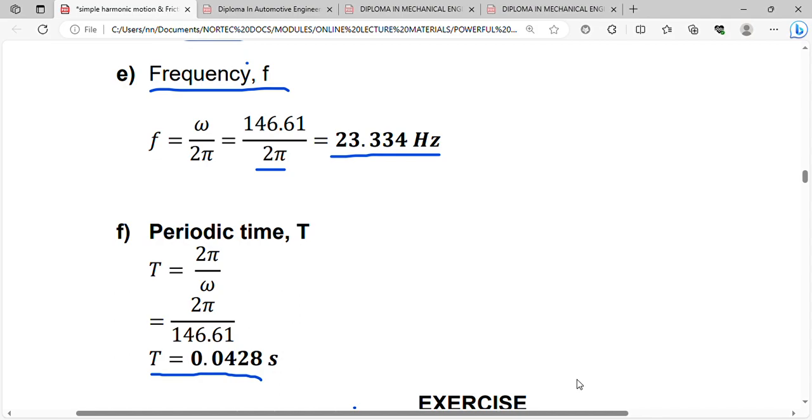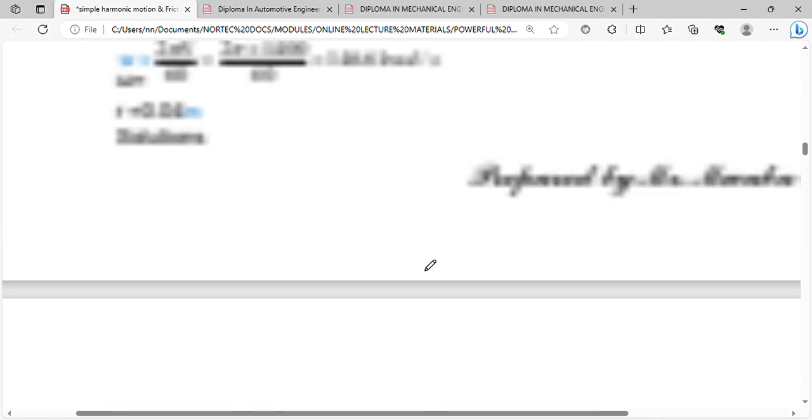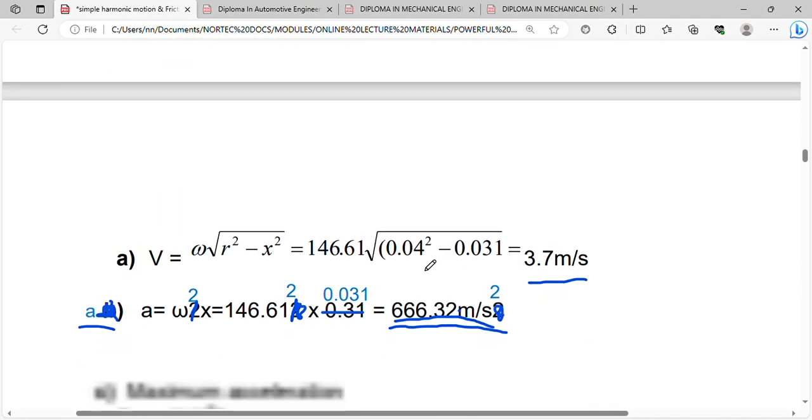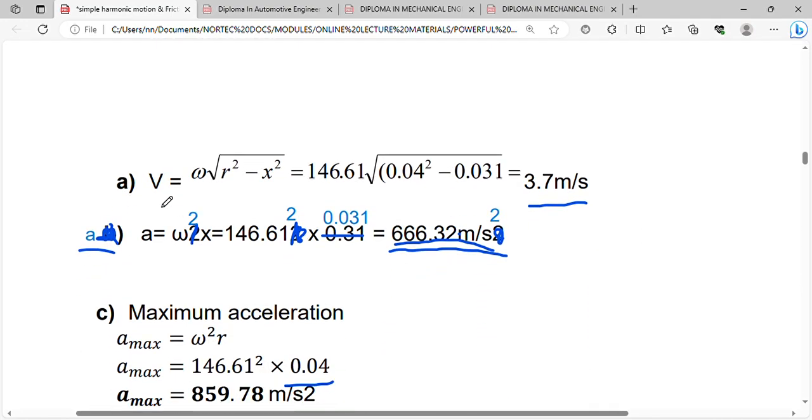So these were the last two that we were referring to. We have had, first of all, the frequency, the periodic time. Now let me just try to summarize this so that we get things straight. The first one talks about the acceleration. We had included an extra one, which is for velocity. When you're calculating for velocity, you still use V equals W times the square root of R squared minus X squared.